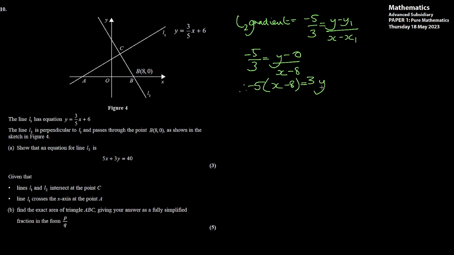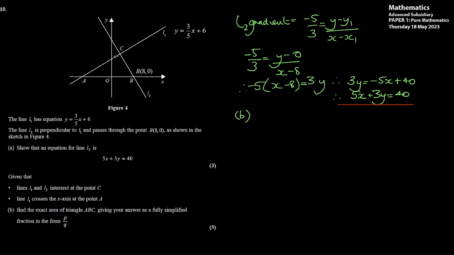Cross multiplying, I get that, so therefore I can say with a bit of rearrangement that 3y is equal to negative 5x plus 40. But with a tiny bit more rearrangement, I can say that 5x plus 3y is equal to 40. And that's the answer for part A.